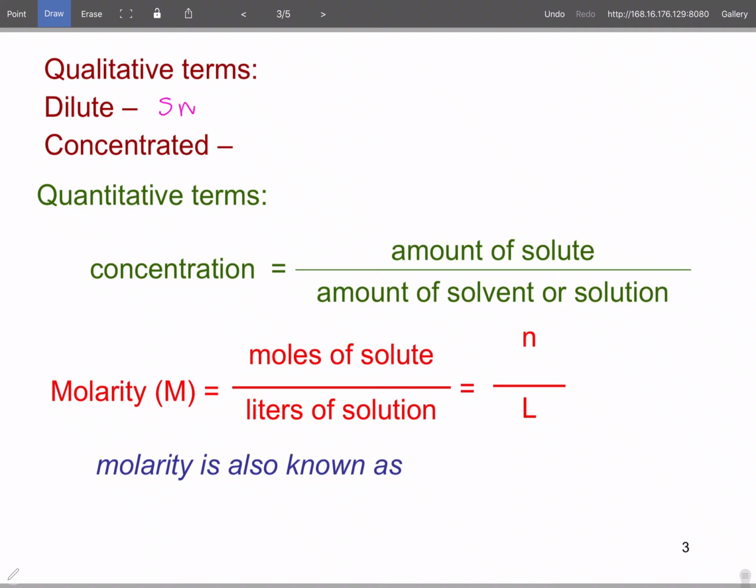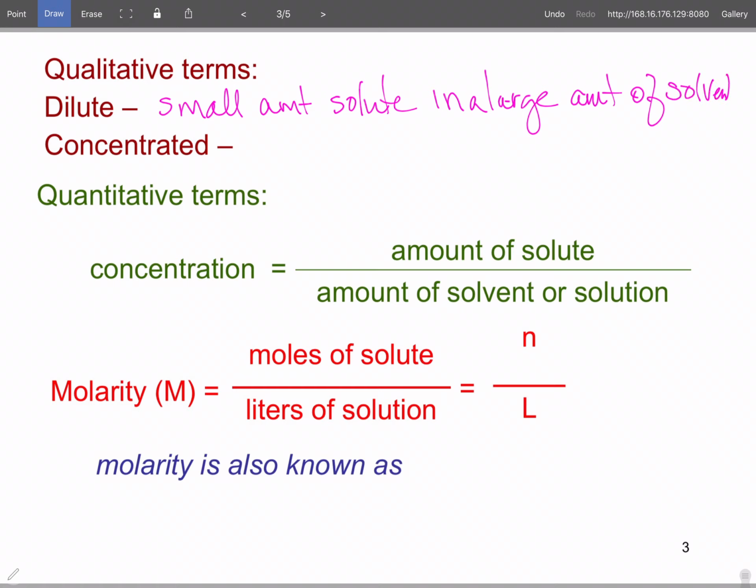Dilute is a small amount of solute in a large amount of solvent. And concentrated is the opposite, large amount of solute to solvent.